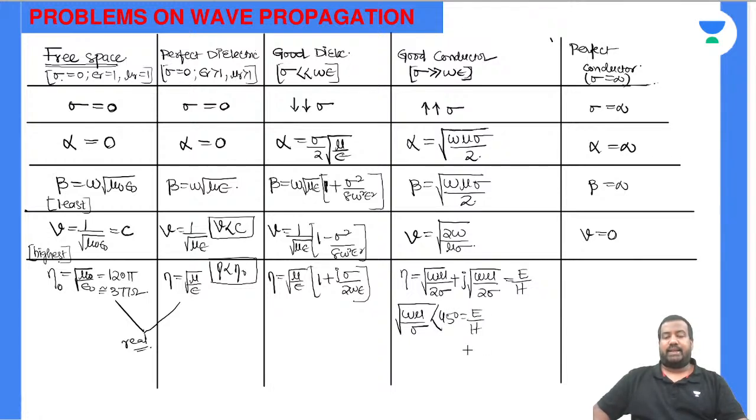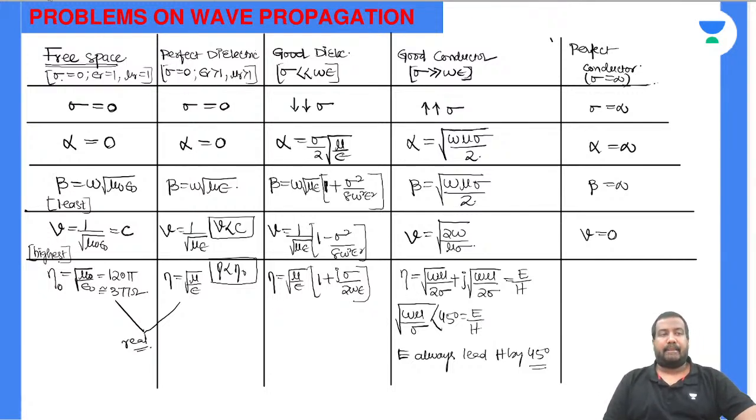What does it indicate? It indicates that electric field E always leads magnetic field H by 45 degrees in a good conductor.